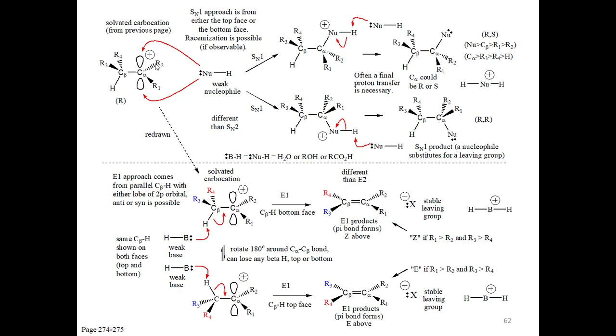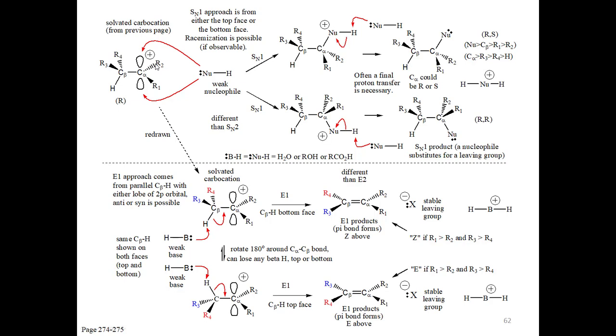Now notice if I come in from the top, I get one configuration, and if I come in from the bottom, I get the opposite configuration. So if these are chiral centers, I will get both configurations. And we will consider them formed equally, even though that's not always the case. We will just say they racemize, which means 50-50.